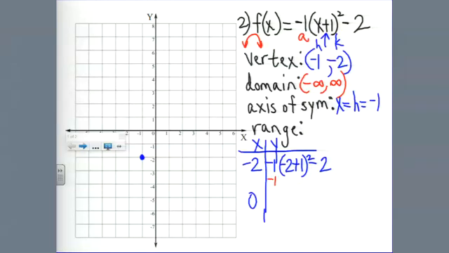And that gives us -1 squared. -1 squared is a positive 1. But times that -1 will give us a -1 minus 2. So our first Y coordinate is +3.